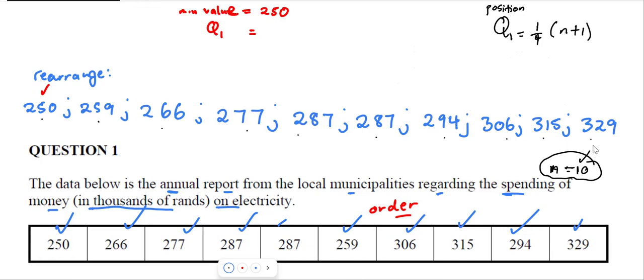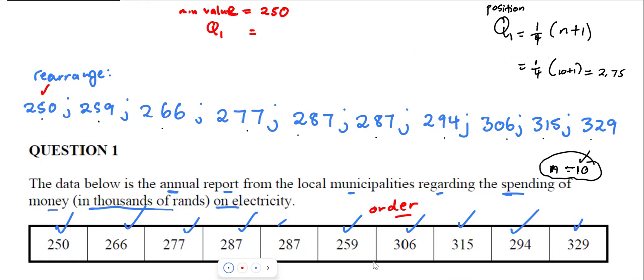Our n being 10, we can substitute. So I just want you guys to quickly work on this one. That is 10 plus 1, which is 11, and a quarter of 11 is going to give us 2,75.